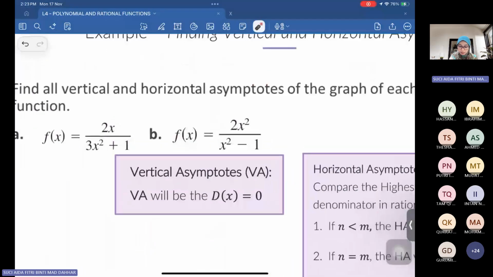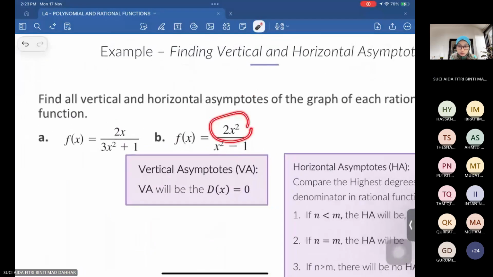This is example part B. The numerator function is 2x to the power of 2, so the degree is power 2 on the top. Meanwhile, in the bottom, the denominator function, the leading power is also 2. So they are the same. How do you get the horizontal asymptote? You take the first leading term in the front, divide by the first leading term in the front.